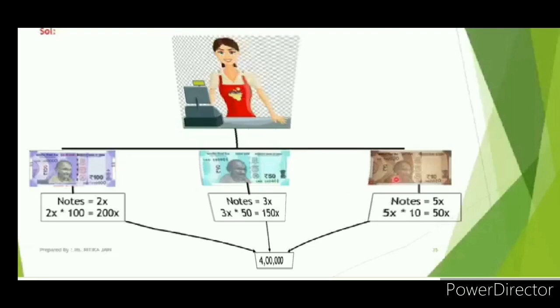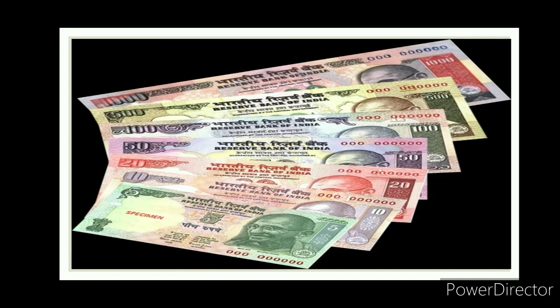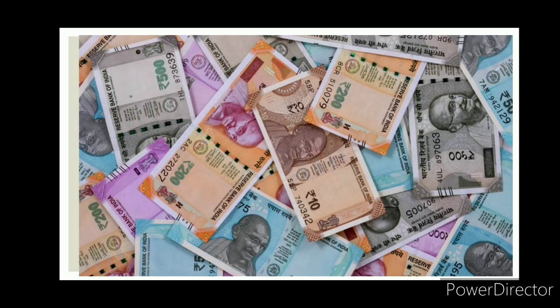Understand the question? Before starting the solution, I'll show you one example. Look at this picture. How many currency notes are there? One 1000 rupee note, one 500 rupee note, one 100 rupee note, one 50 rupee note, one 20 rupee note, one 10 rupee note, one 5 rupee note. Now look at this picture.